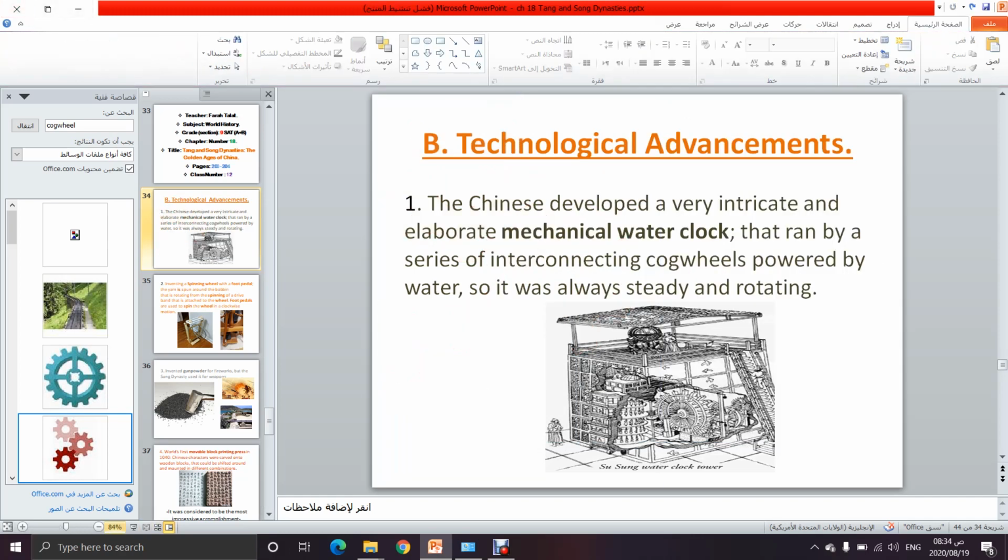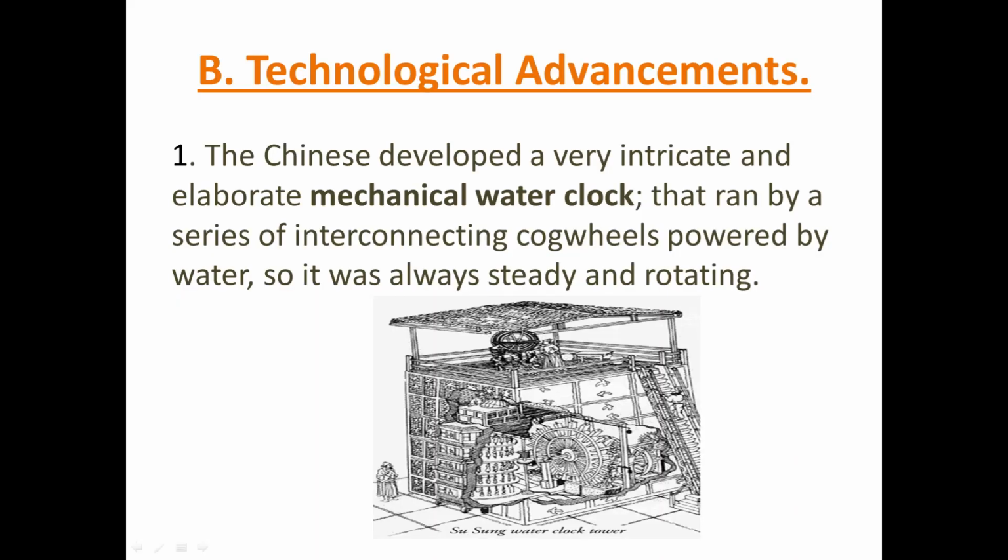So this mechanical water clock works with cogwheels, and how do they work? By the power of water. As you can see at the top of this clock, they put water and it goes down, and then it reaches the cogwheel.